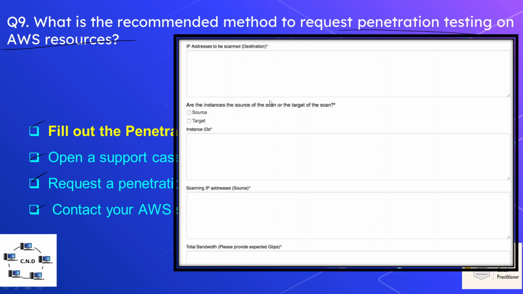These are some of the fields that may be available on this penetration test request form. It may contain the IP address to be scanned, i.e. the destination address that you want to pen test.